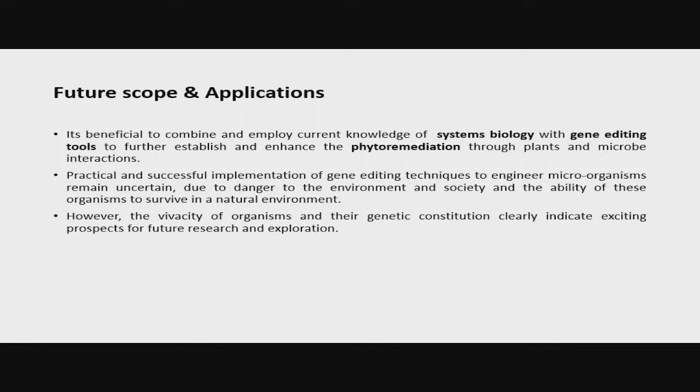If you have interest in the DBTL cycle and apply it over 4 or 5 years, whatever time you devote in your PhD or postdoc, or in your research career, which is unlimited up to retirement, you can definitely have more outlook towards its application. You can see that current knowledge of systems biology and gene editing will establish the attribute, and the practical application is also very much there. But the challenge is the organisms' diversity.